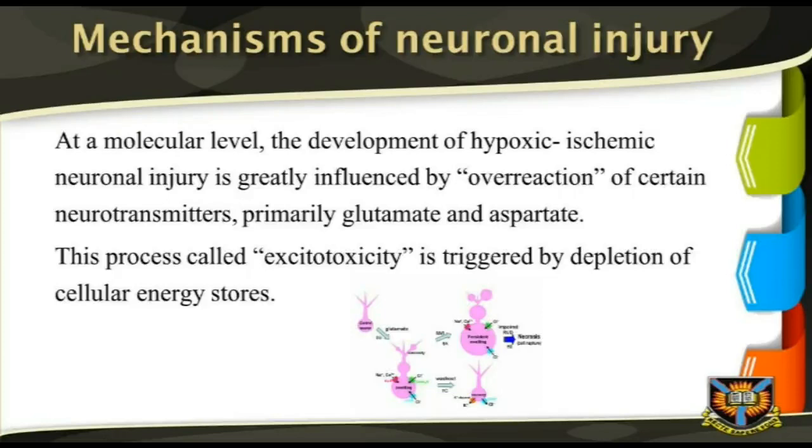The greatly increased concentration of glutamate and aspartate in the extracellular space in a depleted energy state results in the opening of calcium channels associated with N-methyl-D-aspartate (NMDA) and alpha-amino-3-hydroxy-5-methyl-4-isoxazolepropionate (AMPA) receptors.